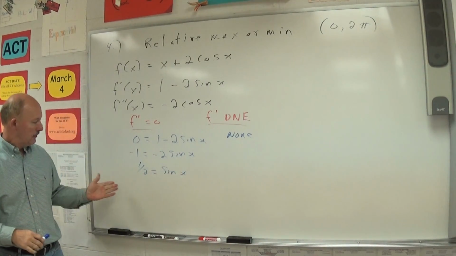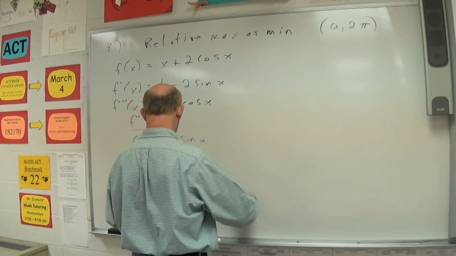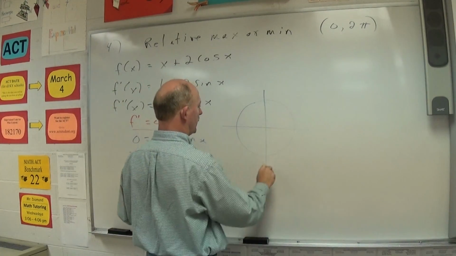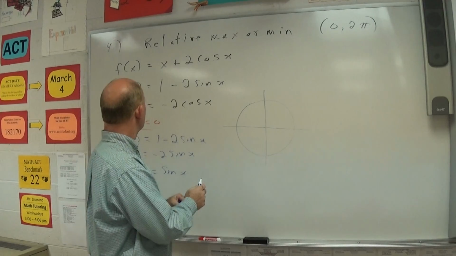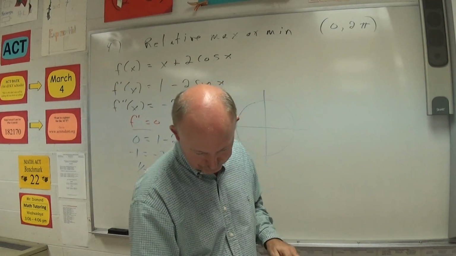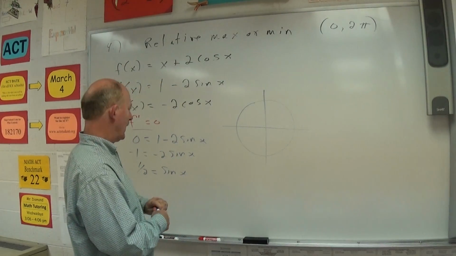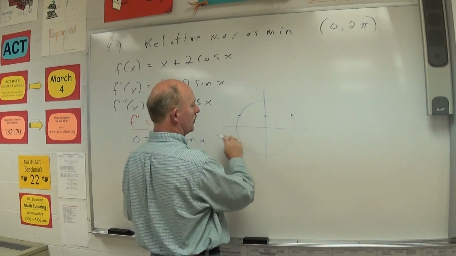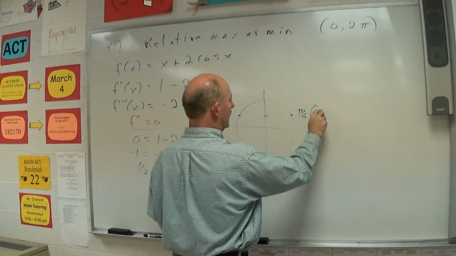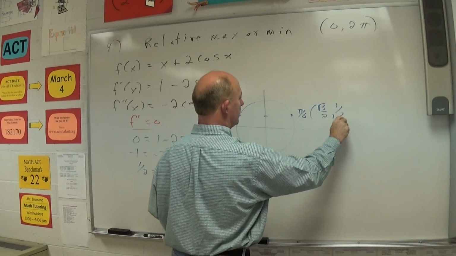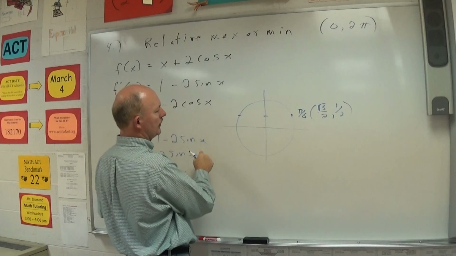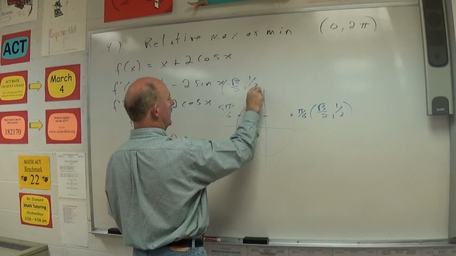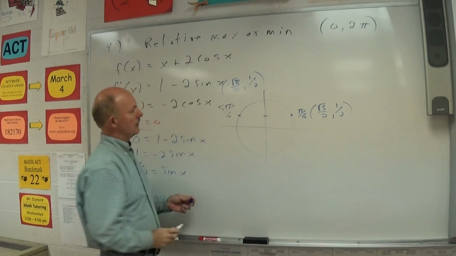To solve this equation, remember your unit circle. Sine is our y value, so we're looking for where y is 1/2. That gives us pi over 6, with the point square root of 3 over 2 and 1/2, and 5 pi over 6, with the point negative square root of 3 over 2 and 1/2.